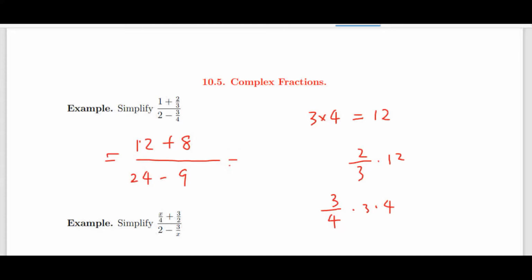So 24 minus 9 is 15. Is this correct? 24, 15. Yeah, 15. Then certainly we can simplify furthermore, equal 4 over 3, right?